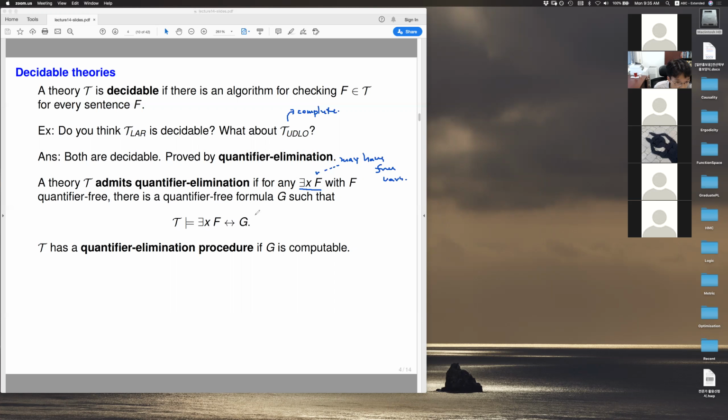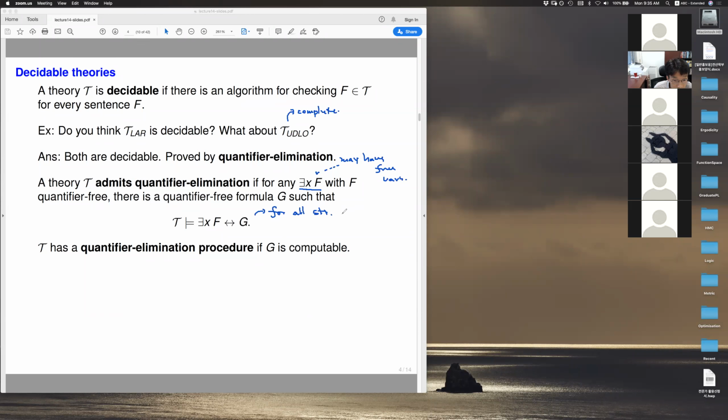So what does this mean? This means that for any structure A that satisfies T, maybe just write it more explicitly, it's easier. For a structure A such that A satisfies T, then as far as A is concerned, exists x dot f and G say the same thing.